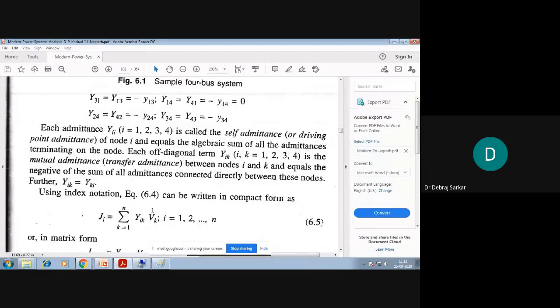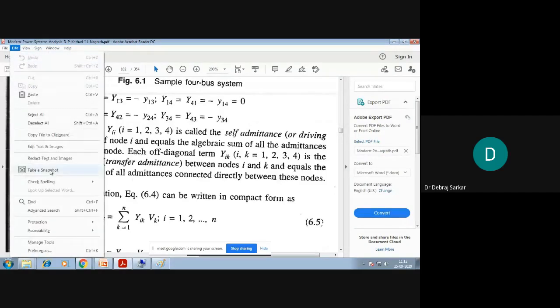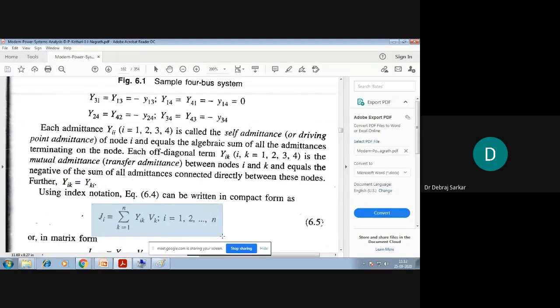What I had shown you, the equations you wrote, is of this form. Is this equation understandable to all of you?